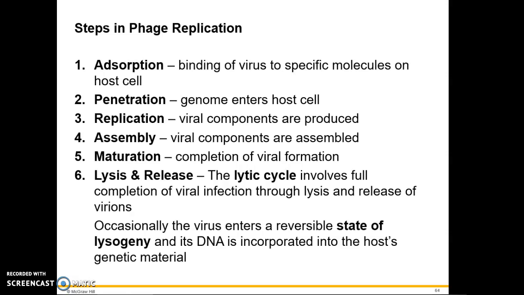That's a little bit different from what we listed in the stages of animal virus replication. Then the final stage, lysis and release, involves the lytic cycle where the viral infection comes to completion and the cell ruptures or lyses and the viruses are released.